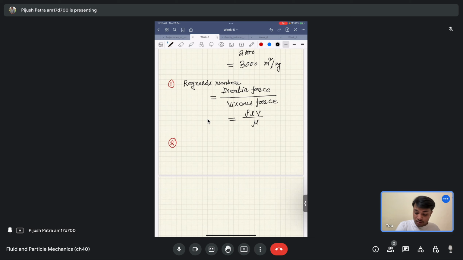The second, we will talk about the Euler number. Here we will represent the Reynolds number by RE, and the Euler number is EU. This is equal to the pressure force by inertia force.